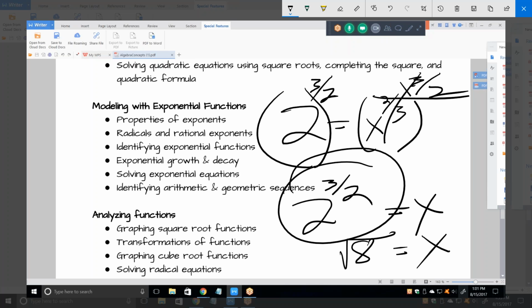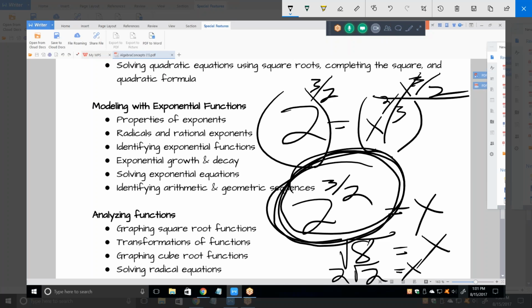That's the answer, and that actually reduces to 2 root 2. So you don't always get small, perfectly whole numbers, although you will when you take this test. In other words, until you get to Algebra 2, you're always going to have whole numbers.